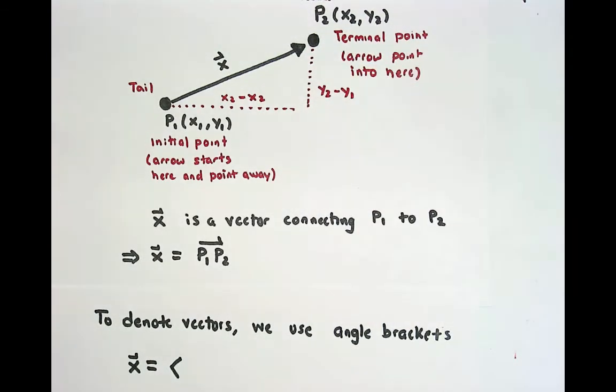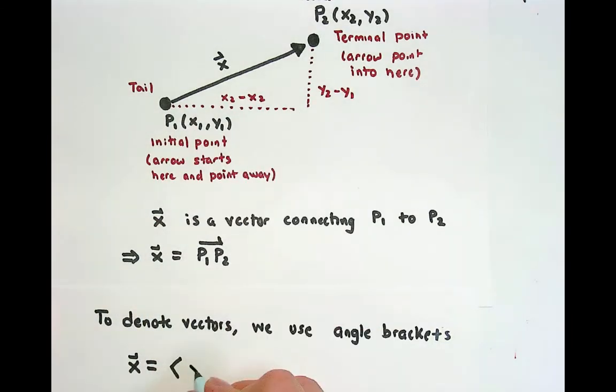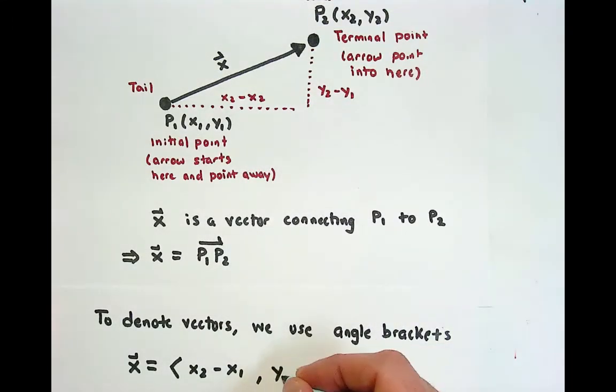So the x component of this vector is x2 minus x1, and the y component of the vector is y2 minus y1, which is just the coordinates of the head minus the coordinates of the tail. Okay.